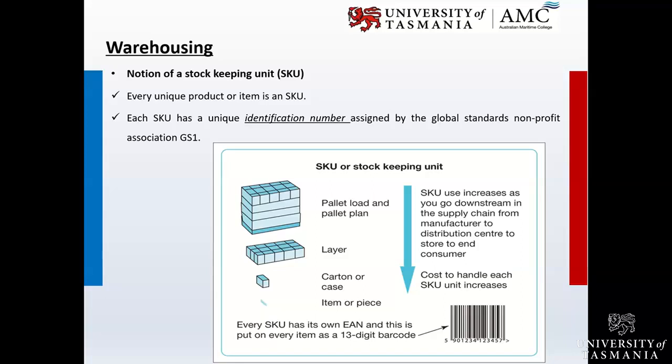Also in Europe, this number is termed an international article number. It is called EAN. It is put on every item. It's a 13-digit barcode.